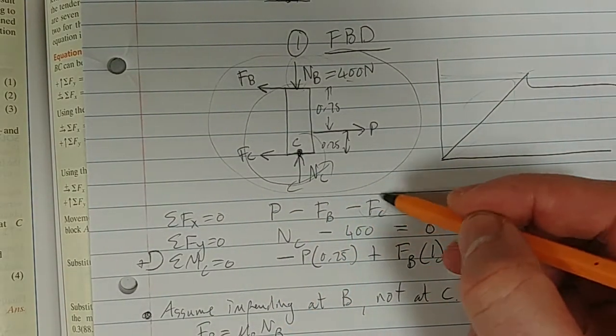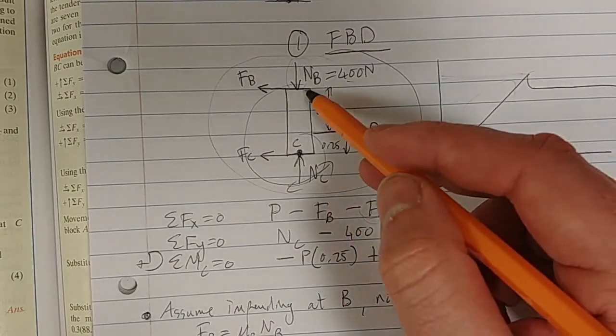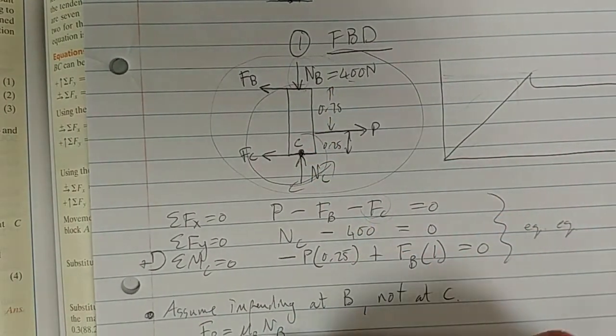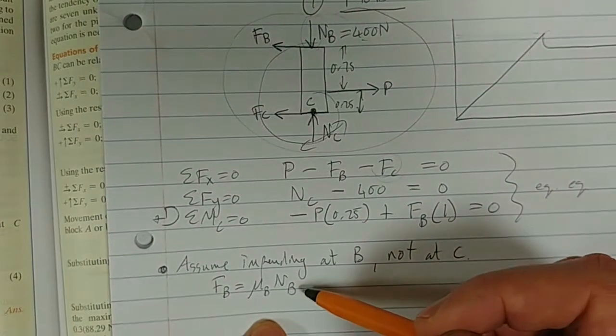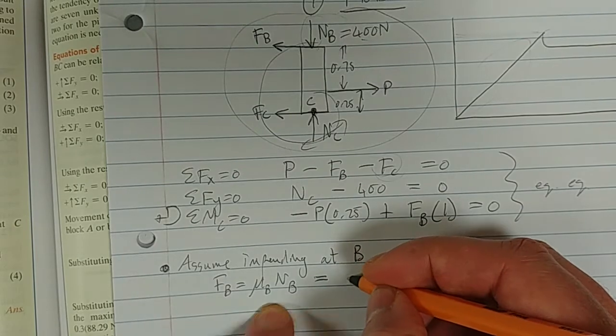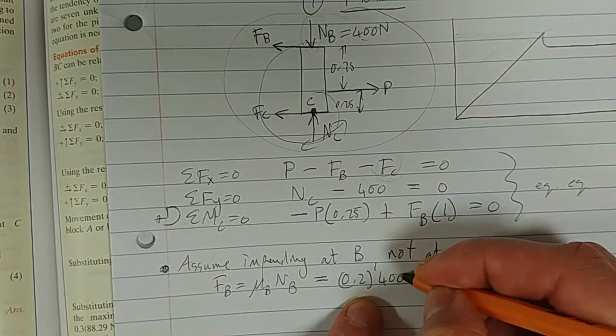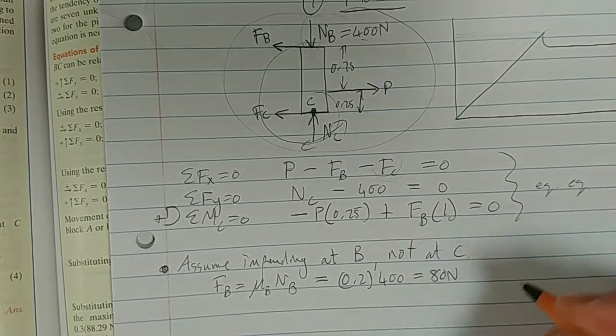So there's that FC there. But FB, we are assuming that it's slipping there, so we know that FB is equal to mu times N. Which then equals what? 0.2 is the coefficient of friction and NB is 400. That equals 80 Newton.